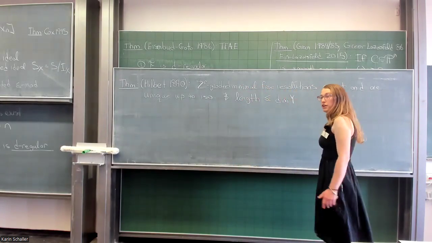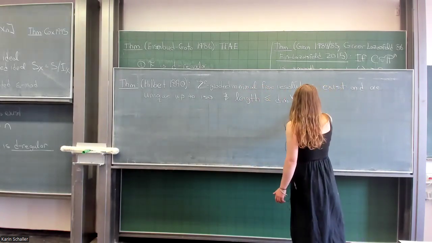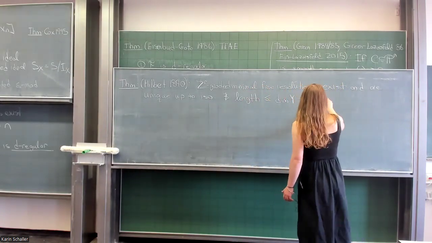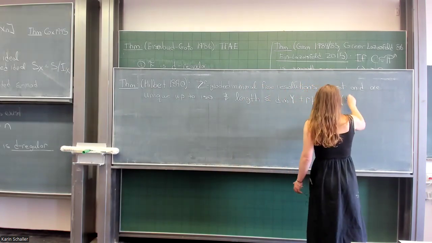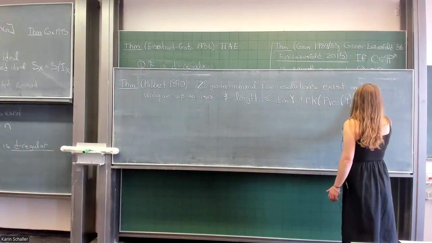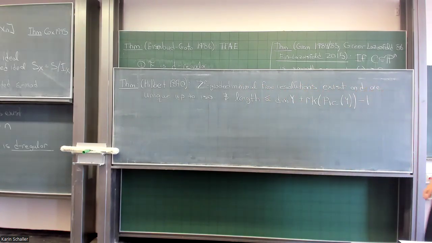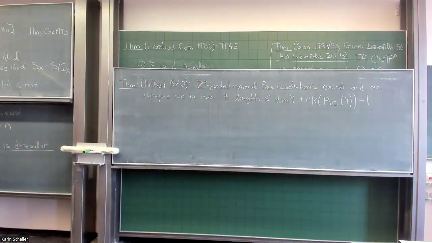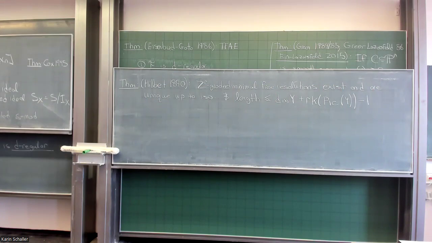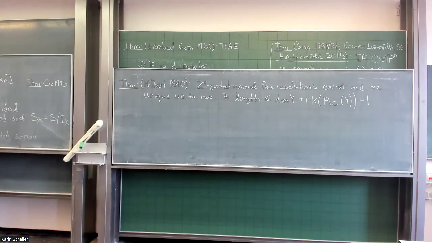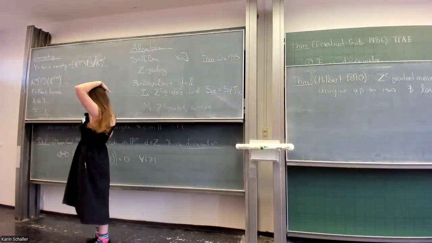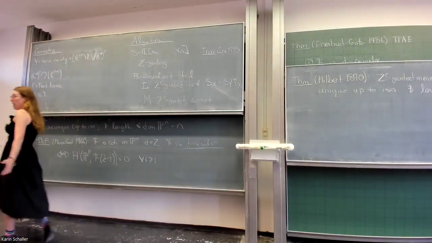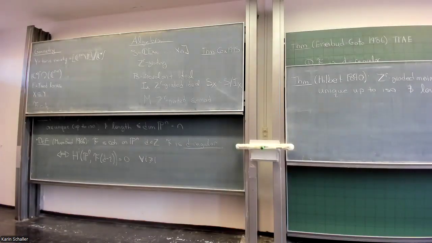So far, so good. Plus the rank of the Picard group of Y. Minus 1. Not so good. So where is this coming from? Well, in this construction, I took a torus of dimension n plus 1 and quotiented it out by something of dimension r. So my toric variety should have dimension n minus r.